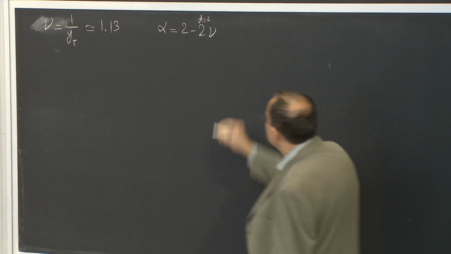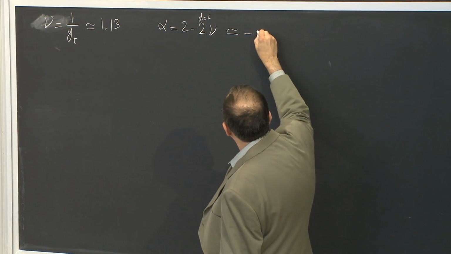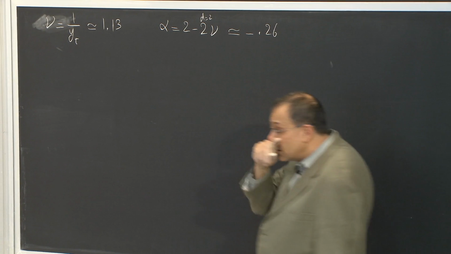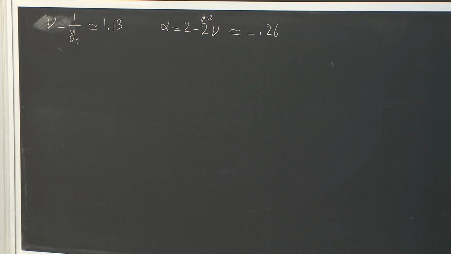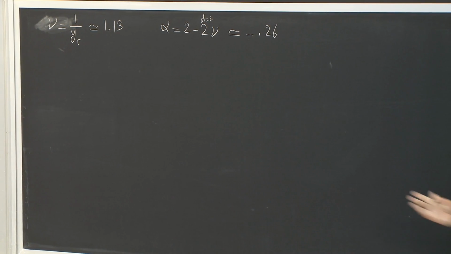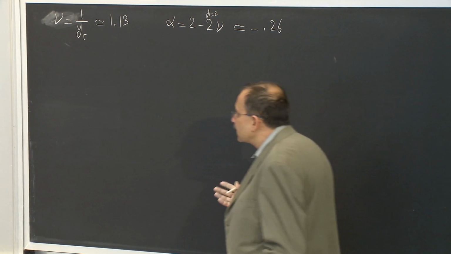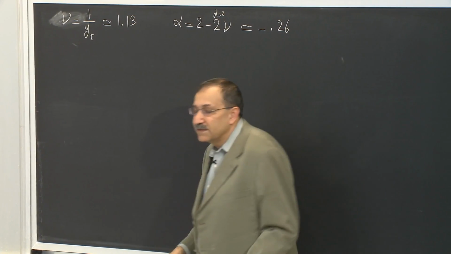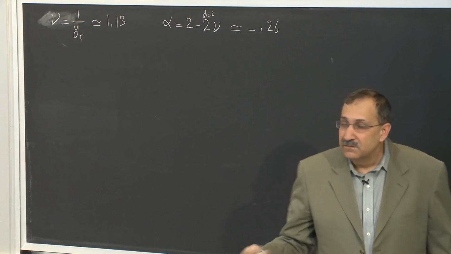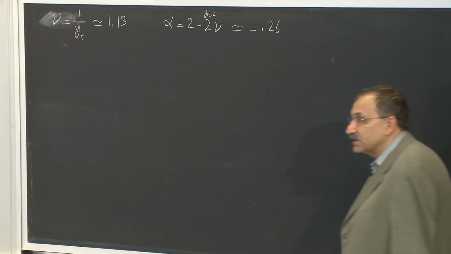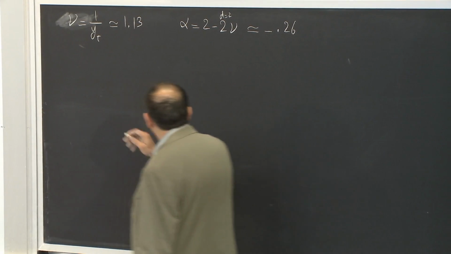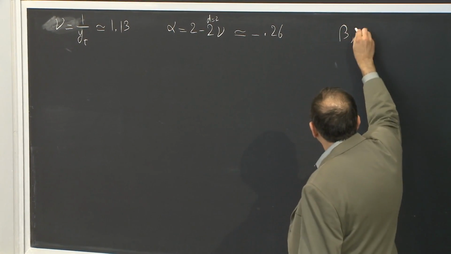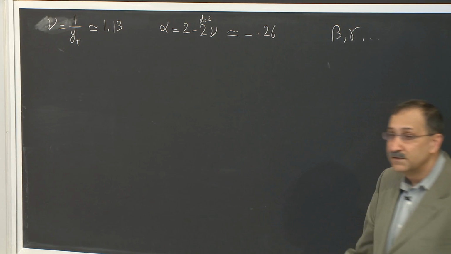Put that value of nu, I will get minus 0.26. Again, the correct result would be corresponding to a logarithmic divergence. So this zeroth order does things, let's say, for the exponents to 10%, 20%. You would say that, okay, what about other exponents, such as beta, gamma, and so forth?